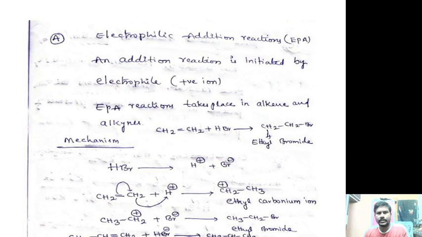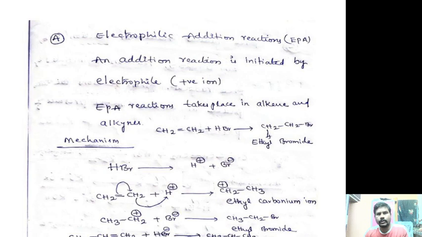Electrophilic addition reaction is an addition reaction initiated by an electrophile. It takes place in alkenes and alkynes. Unsaturated compounds undergo electrophilic addition and are converted into saturated compounds.